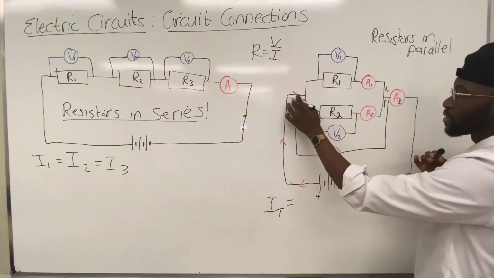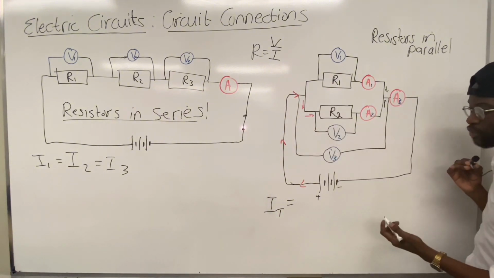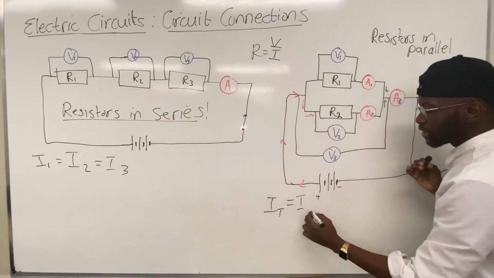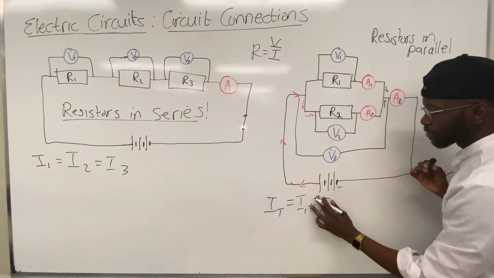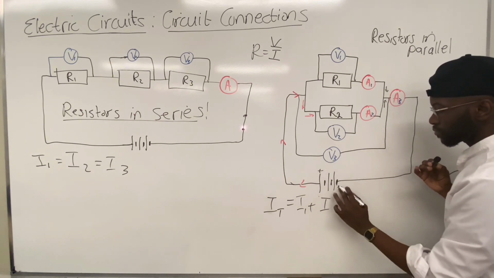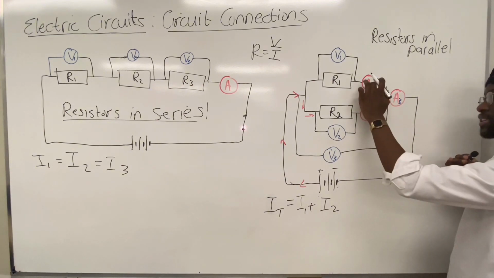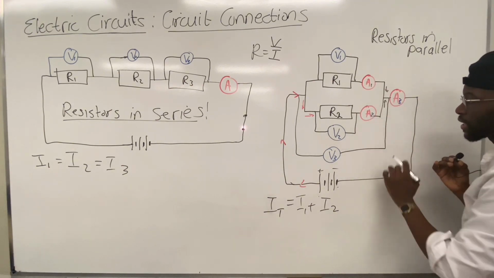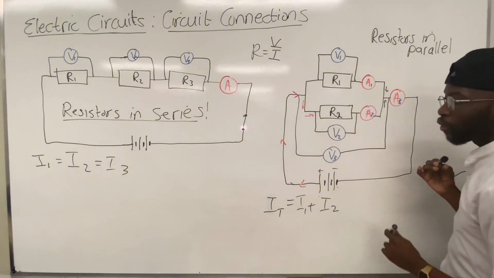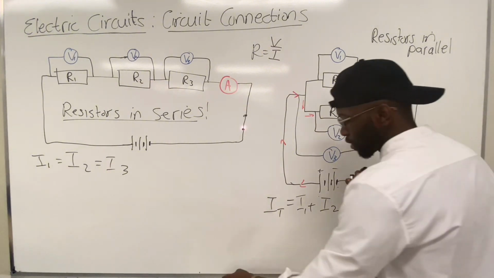Maybe I should put this there. Now, this R3, which is the total, will be the combination of I1 and I2. The current here at the first ammeter and the current at the second.